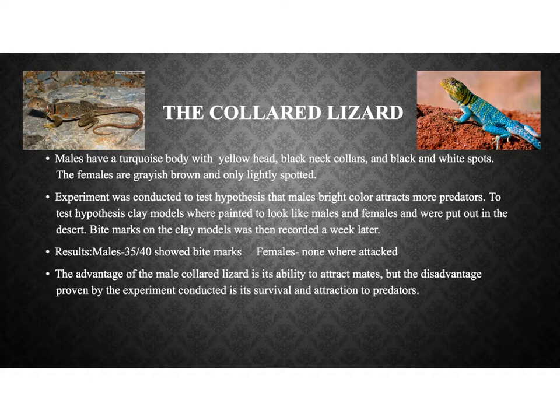Bite marks on the clay models were then recorded a week later. The results showed that out of the male clay models, 35 out of 40 showed bite marks. On the females, none were attacked. The advantage of the male colored lizard is its ability to attract mates, but the disadvantage, proven by the experiment conducted, is its survival and attraction to predators.